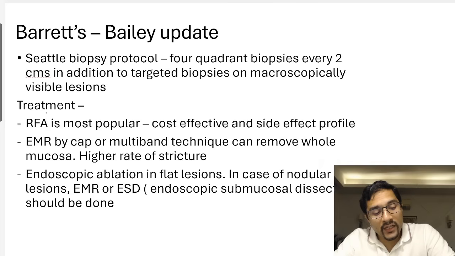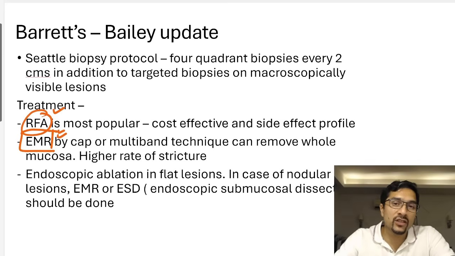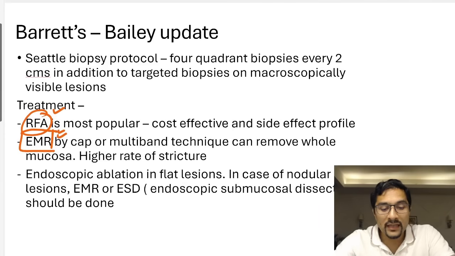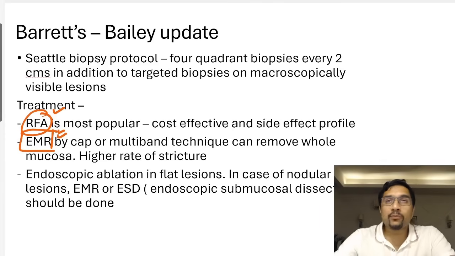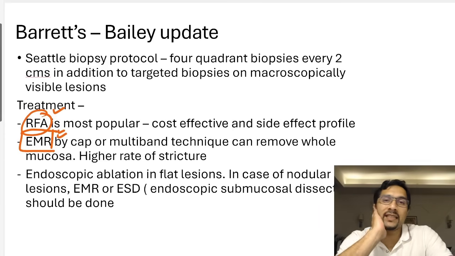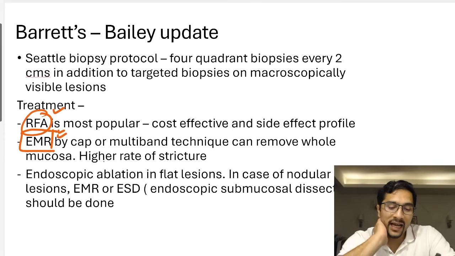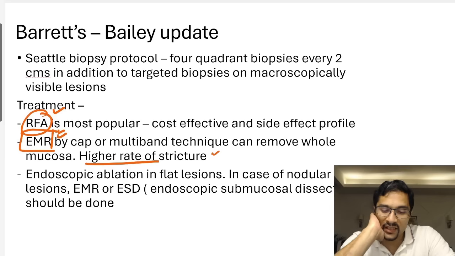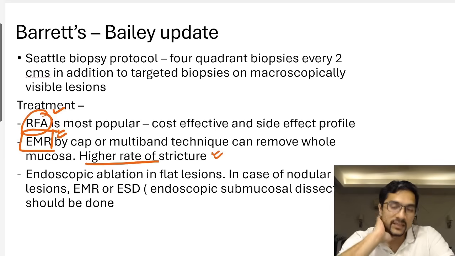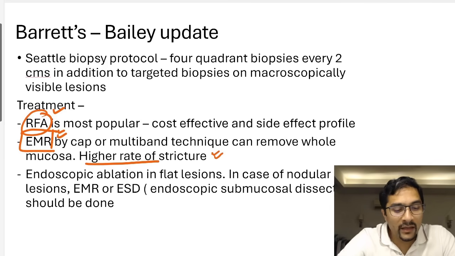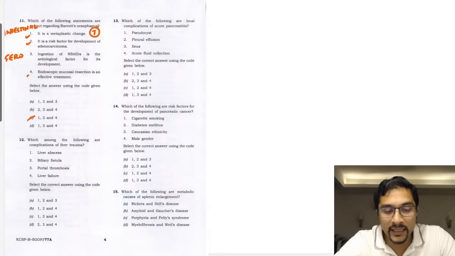We know that radiofrequency ablation is the most popular and cost-effective method, but EMR, endoscopic mucosal resection, which was asked in the question, can also be used. But the problem is that when we are doing a 360-degree EMR, there is a higher rate of stricture in these patients. So this is what we need to remember, and this is what was asked in the exam as well.